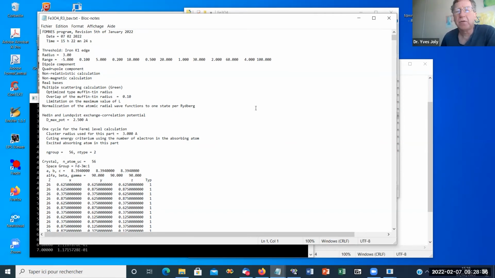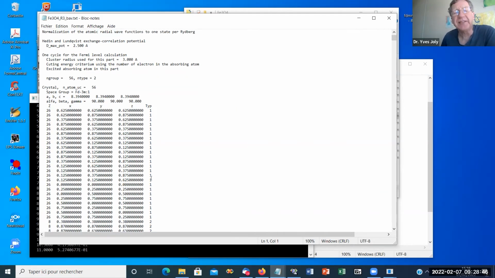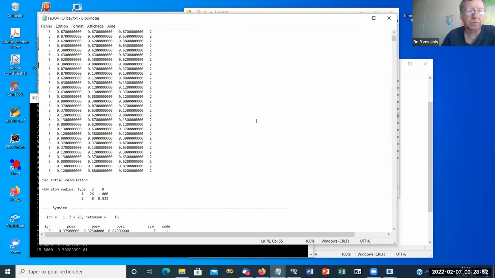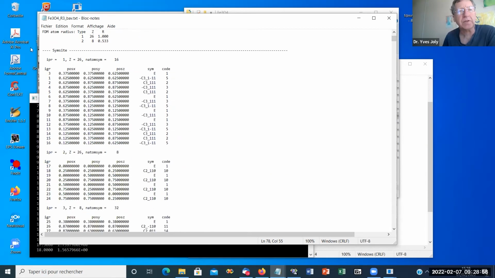So you have your in-data files, which are more or less recalled, with all that is default. You have all the atoms in the unit cell, not only the non-equivalent ones. And after that you have the symmetry under SymSite between all the atoms.